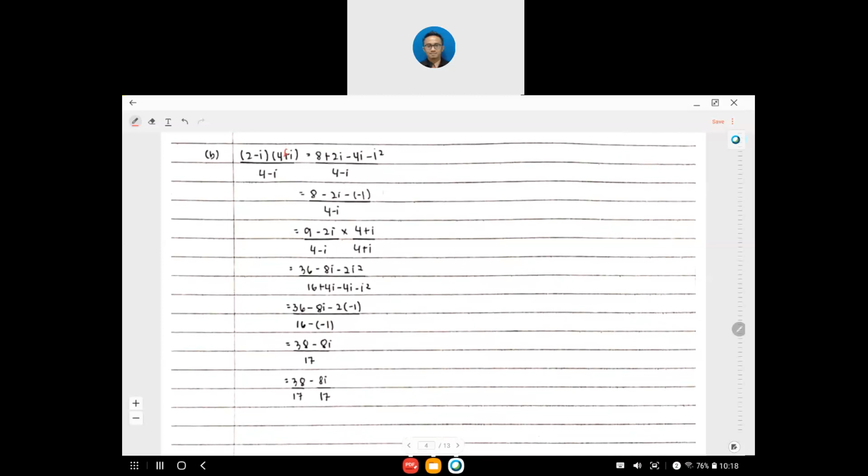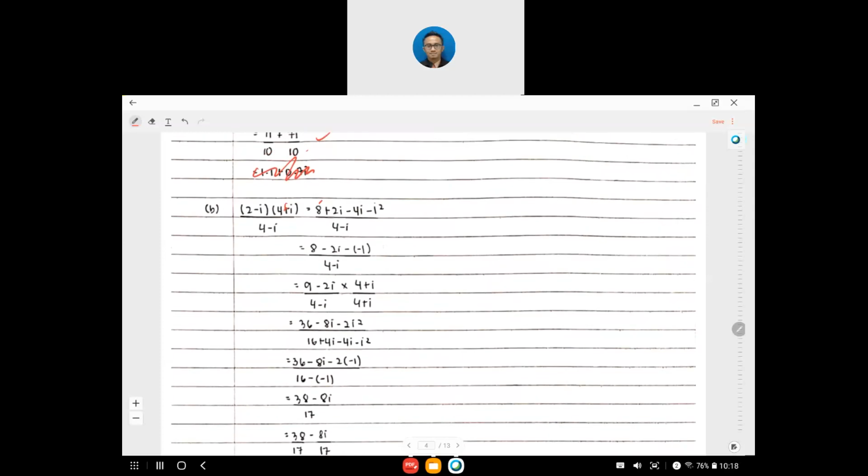So this one also same thing. You need to expand the numerator first. So it becomes 2 times 4 is 8. Okay, and then 2 times i is 2i, minus 4i, and then minus i squared.